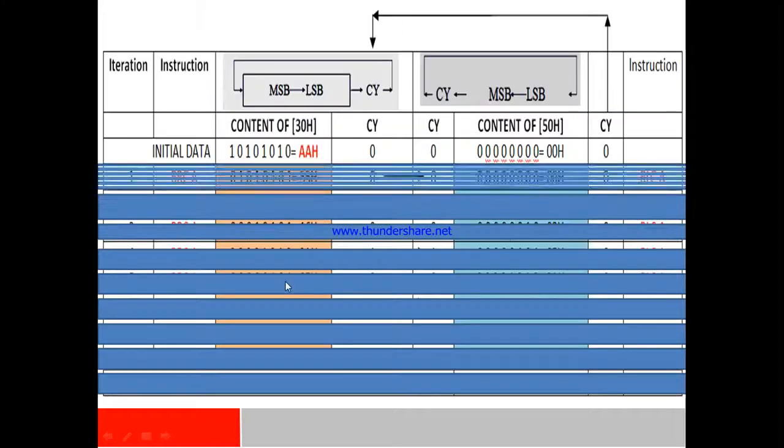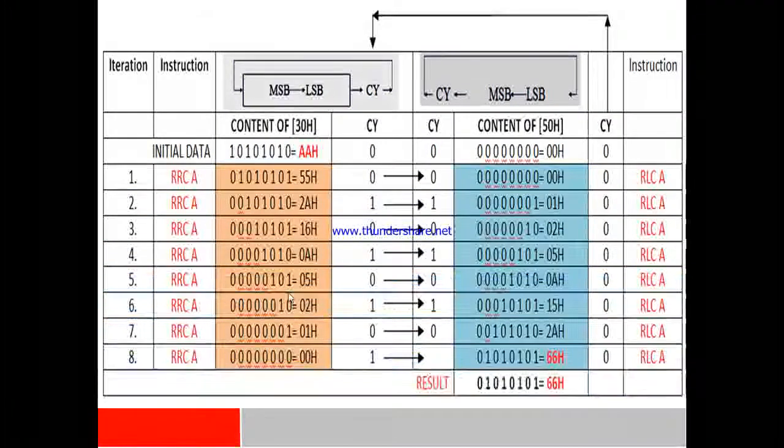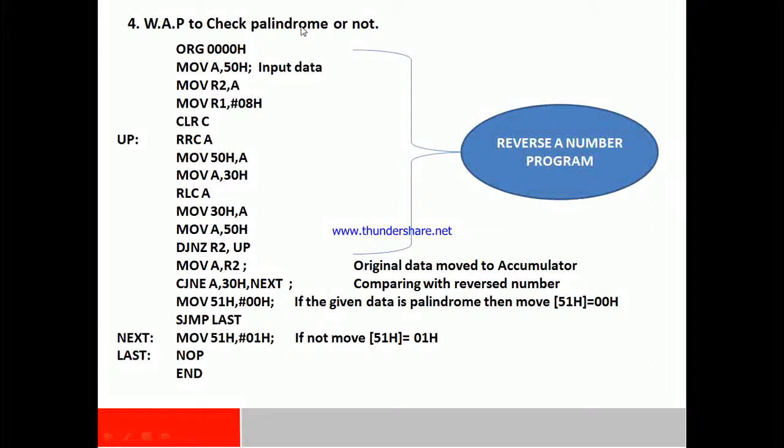The last one: write a program to check whether the given number is a palindrome or not. This set of the program is from reversing a number, the previous program. The next step is again moving the original data to the accumulator and comparing it with the destination, the reversed data.